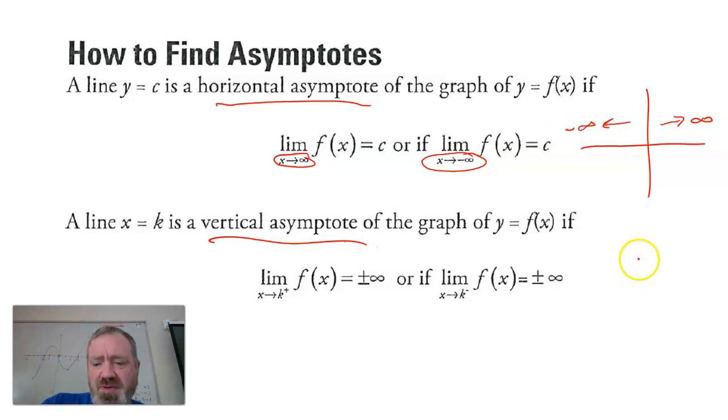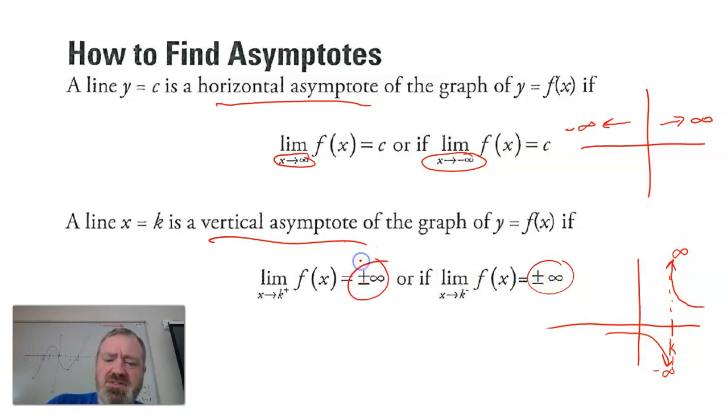Vertical asymptotes focus on a single point on the x-axis, so a point K. And they say, well, what's happening when I approach K from the right? And what's happening when I approach K from the left? And so the result, after the equal sign, the output can be positive infinity or negative infinity. And you see that here. So that's just a quick rundown of what we've learned about limits before.